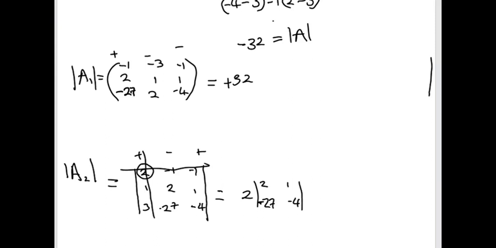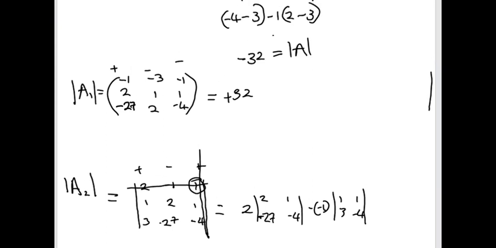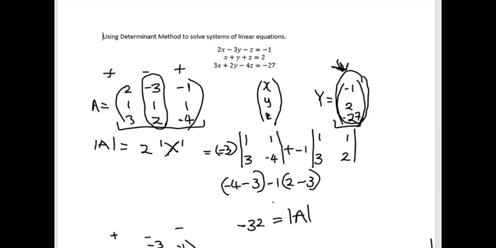Then for the second one, second element, in the first row, that's -1, -1, 1, 3, 1, -4. Then the last one here, which is 1, has a plus in front of it. The sign attached to this is a plus.